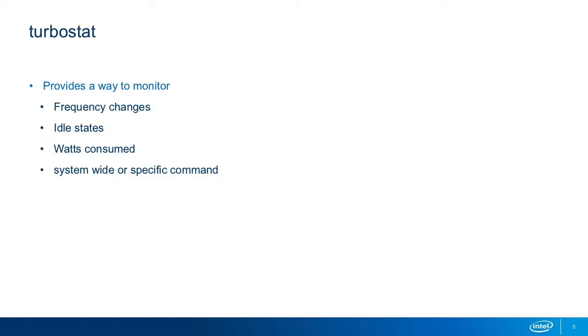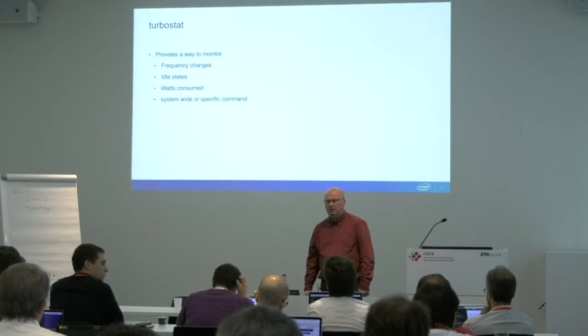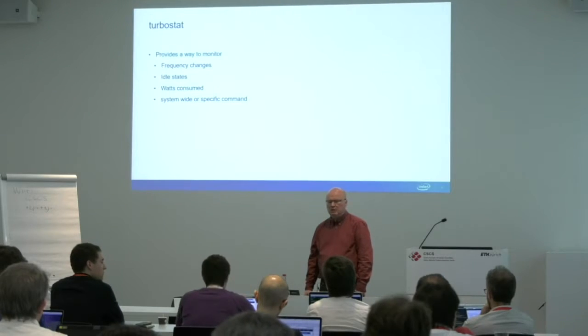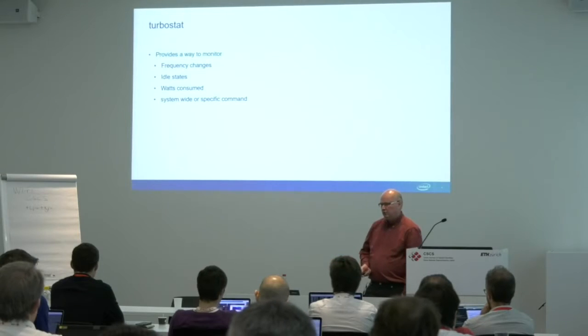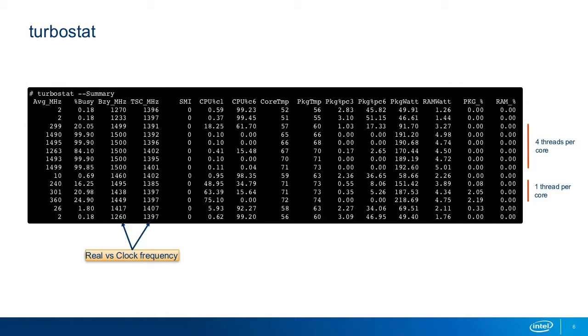Turbostat is a tool that looks a little bit like TOP, but with different content, and it's updated frequently, so you can see how the system states are changing, and it shows you the frequency changes, the idle states, the watts consumed, and some other system specific features.